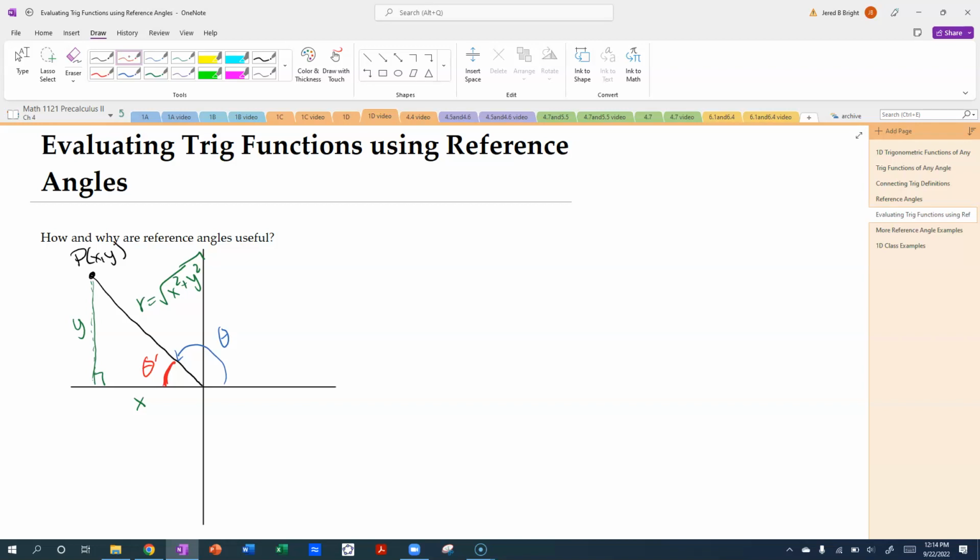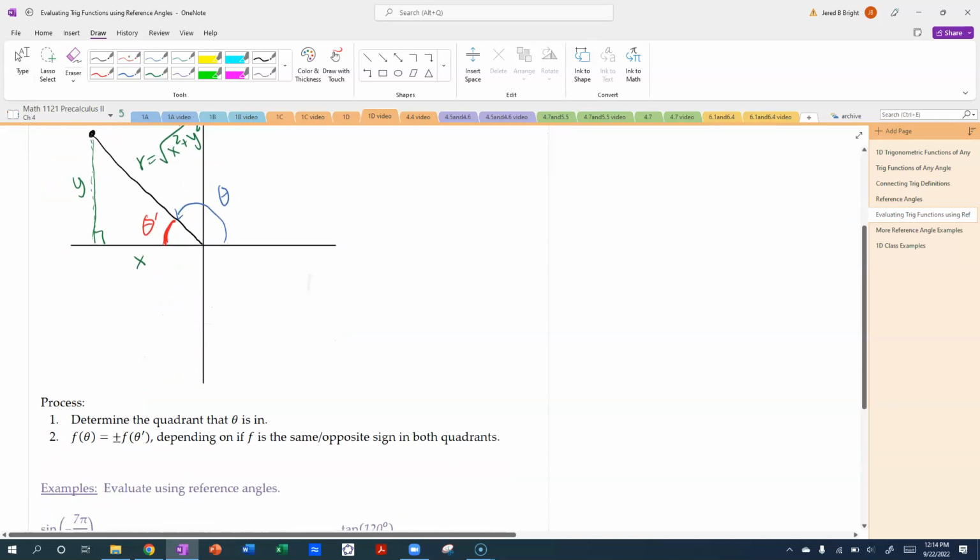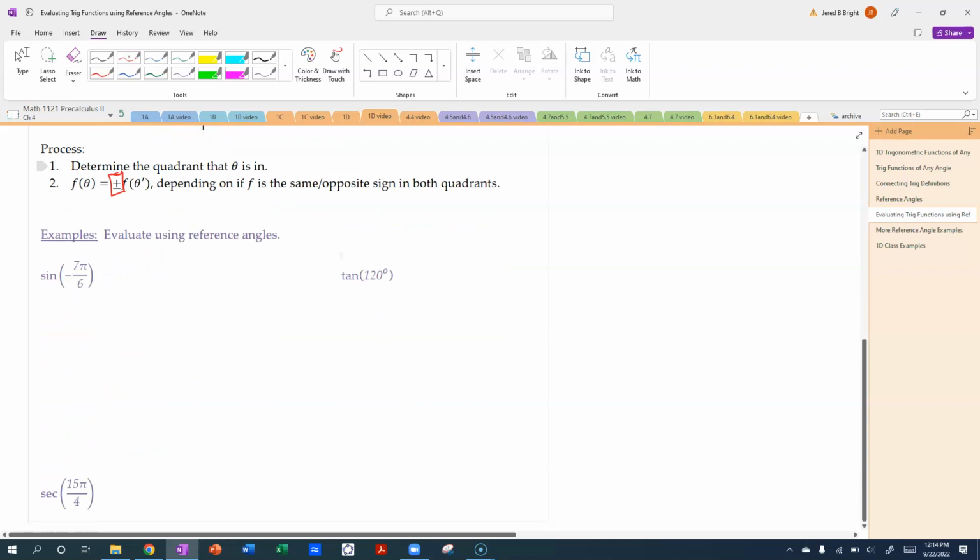We just have to evaluate the trigonometric functions for theta prime, our reference angle, and that'll allow us to get the trig ratios, but remember that would be in the context of a triangle, which has all positive sides. So typically when we evaluate trig functions using reference angles, we need to include plus or minus depending on the quadrant.